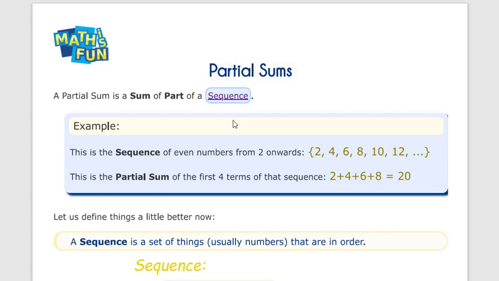So in today's lecture we will discuss partial sum. If it is an infinite sequence, we sum a finite part, like 4 terms, 5 terms, 6 terms. It's basically a sigma.